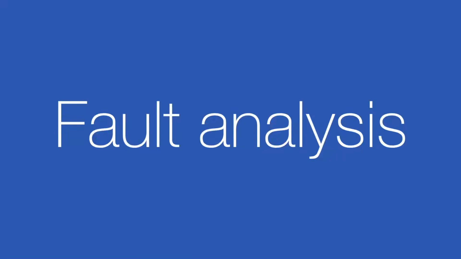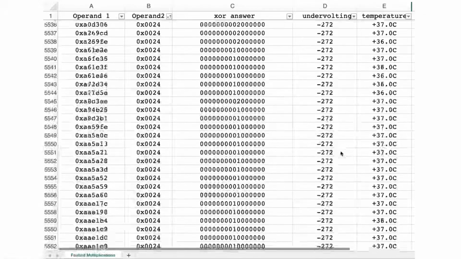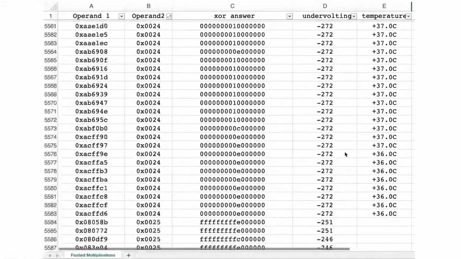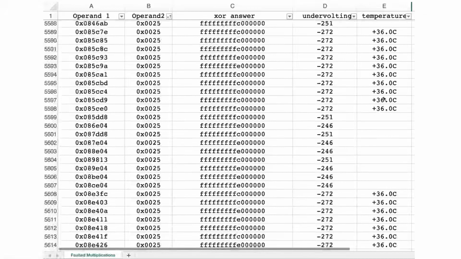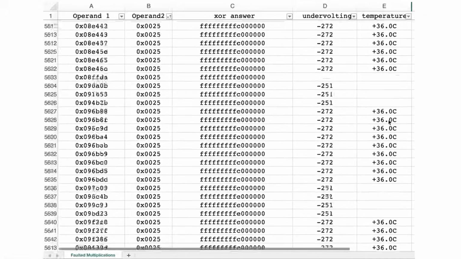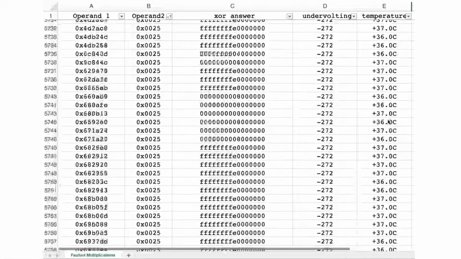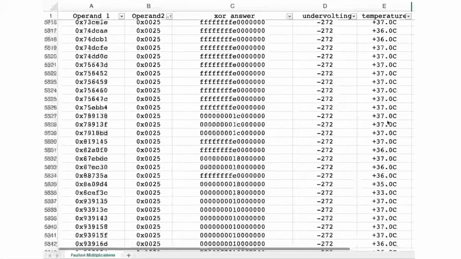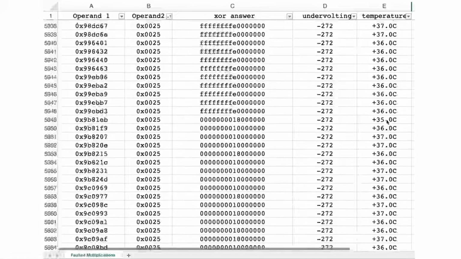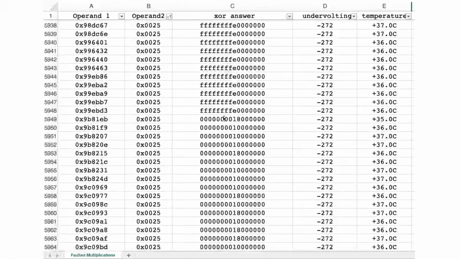We obtained thousands of results from creating random multiplications, and we created a database. One of the things we decided to include after a little while was the operating temperature. We observed that slightly less undervolting was required on a hot day, for example. However, all our faults were obtained in normal ambient office temperatures. And we came to a few conclusions.